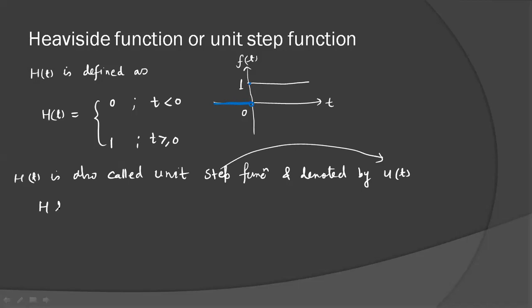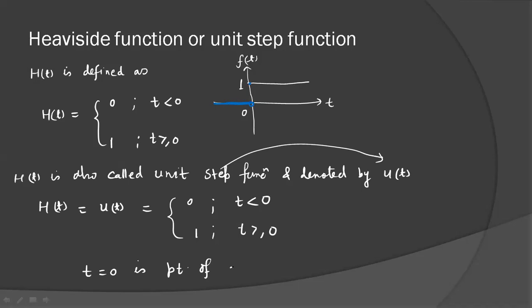So here h(t) is equal to u(t), equal to 0 for t less than 0, 1 for t greater than 0, and t equal to 0 is the point of discontinuity. Some people also represent it like this, u suffix 0. The 0 is telling the point of discontinuity.